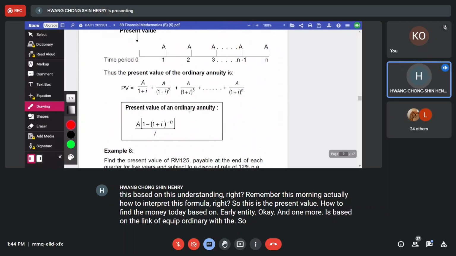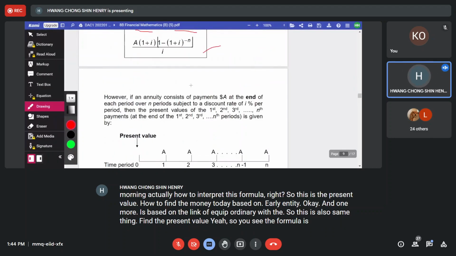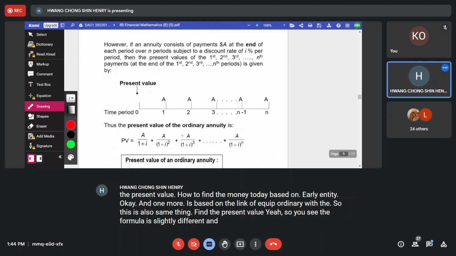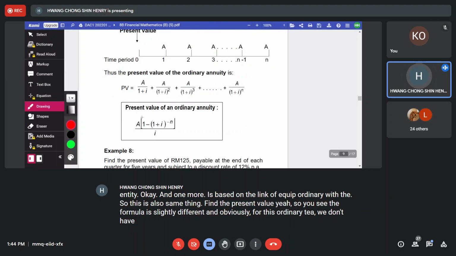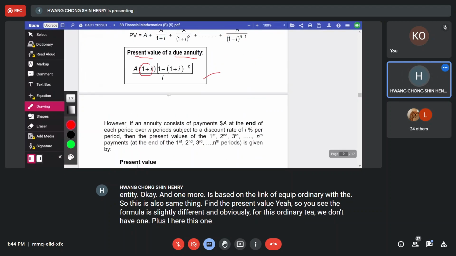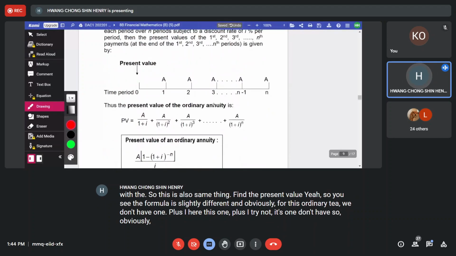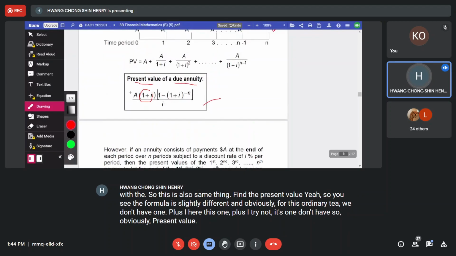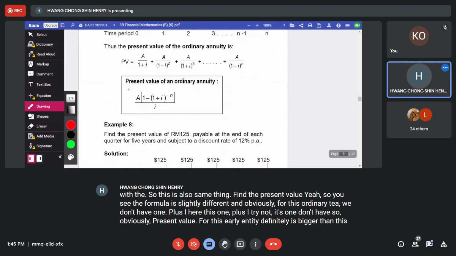So this is also the same thing, find the present value. You see the formula is slightly different, and obviously for this ordinary annuity, we don't have the 1 plus i here. This one has 1 plus i, correct or not? This one doesn't. So obviously, present value for this early annuity definitely is bigger than the present value here.